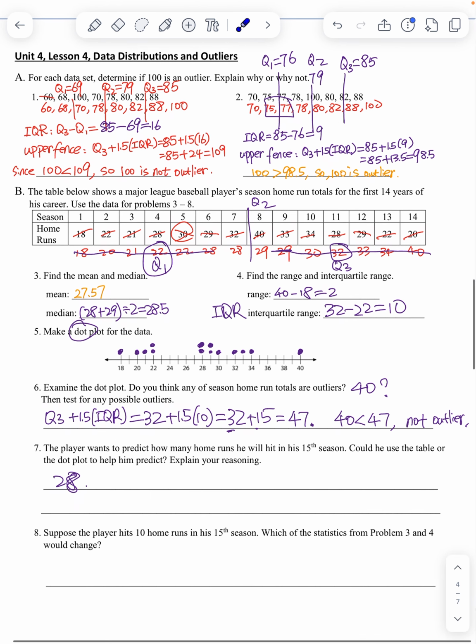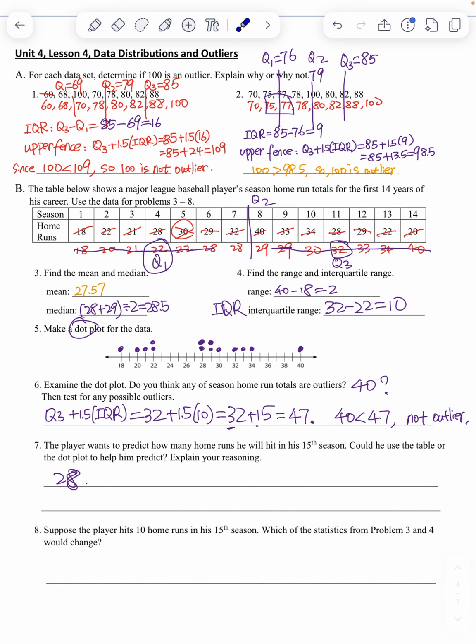Okay, number 8. Suppose the player hits 10 home runs in his 15th season. Which of the statistics from problems 3 and 4 would change? Okay, if the home run total is so low, which is 10, we add 10 here. What will happen?